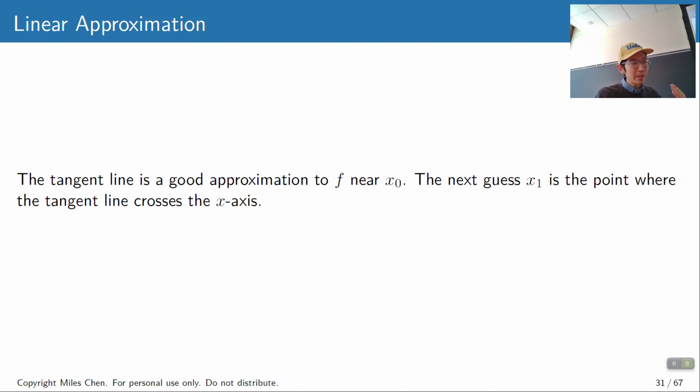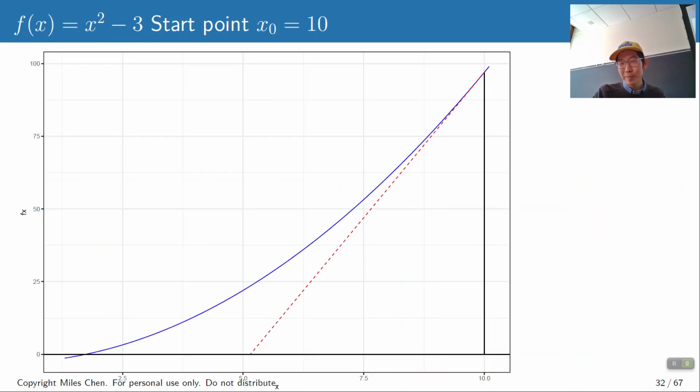Again, I'm using an example where we could have found the analytic solution very easily, but we're going to do Newton-Raphson method. My function is x squared minus 3, so we know the solution is going to be the square root of 3. But we're going to start off at x0 equal to 10.